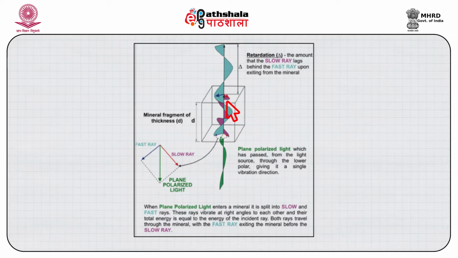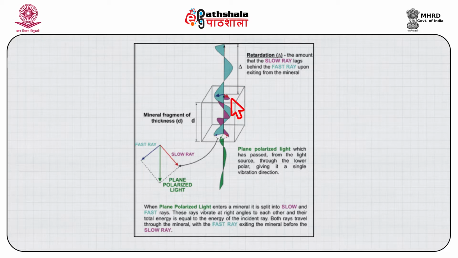This difference in travelling is what is called the retardation, which, as we have defined earlier, is nothing but dependent on the thickness of the mineral multiplied by the differences in refractive indices of the ray which has travelled faster from the one which has travelled slower.